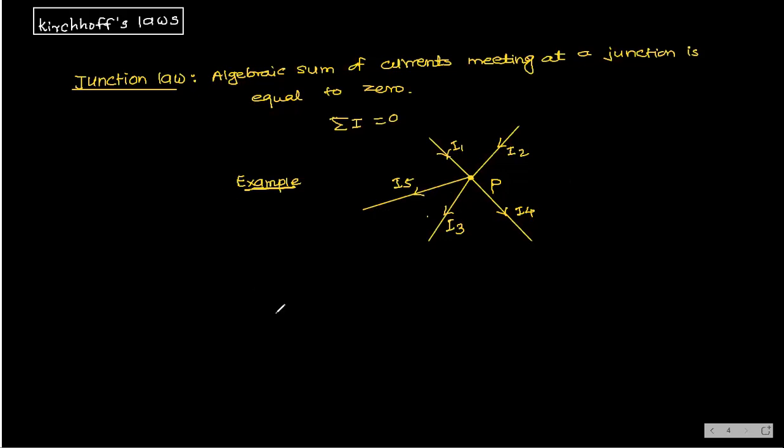So at junction P, sum of incoming currents is equal to sum of outgoing currents.